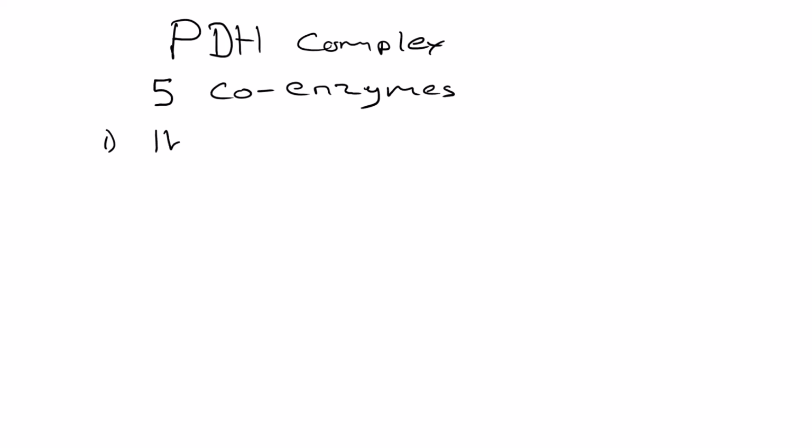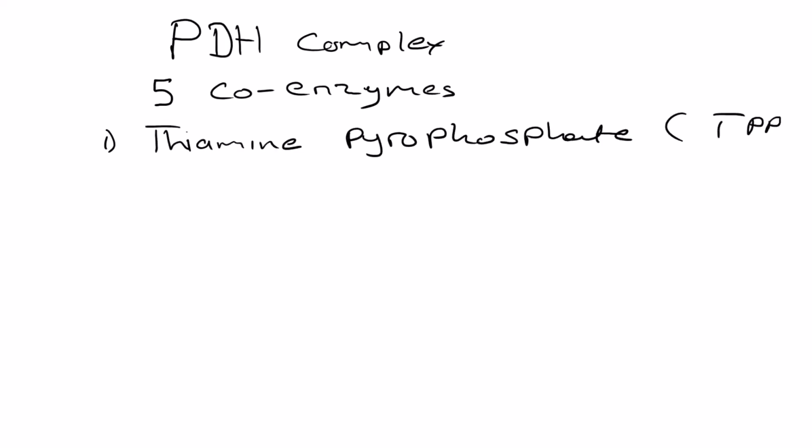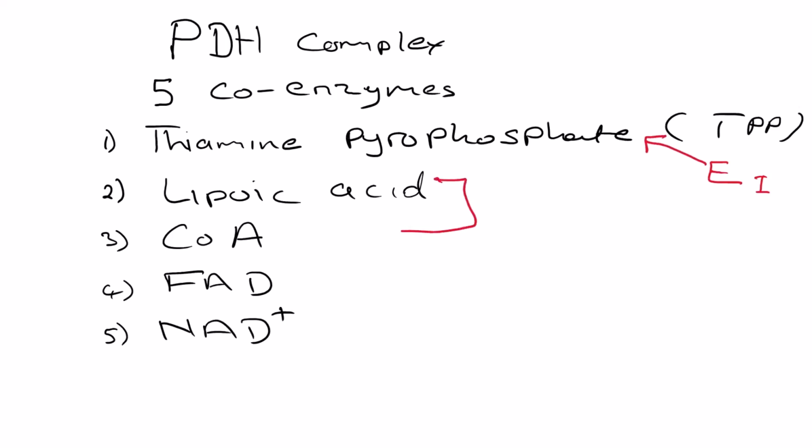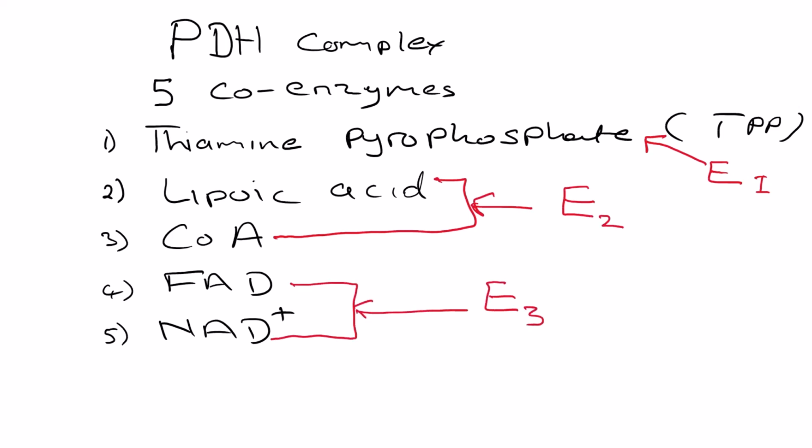Pyruvate dehydrogenase complex has 5 coenzymes. These are thiamine pyrophosphate, lipoic acid, coenzyme A, flavin adenine dinucleotide, and nicotinamide adenine dinucleotide. E1 requires thiamine pyrophosphate, TPP, E2 requires lipoic acid and CoA, and E3 requires FAD and NAD+.